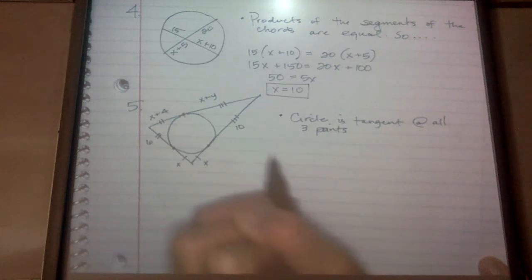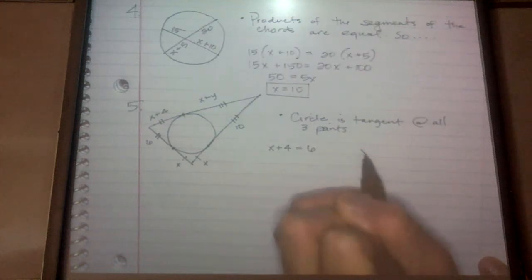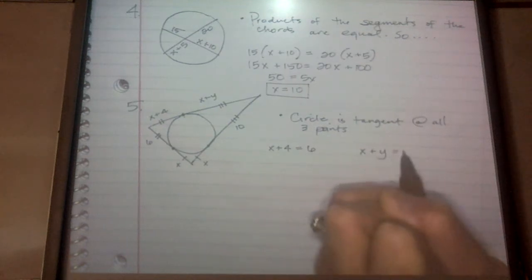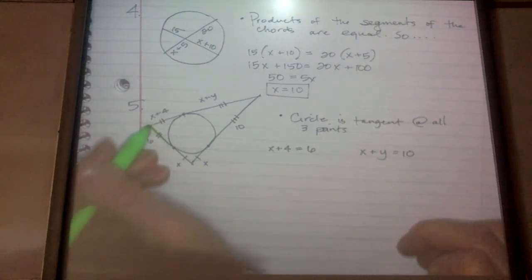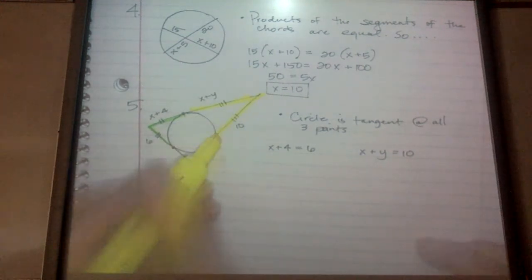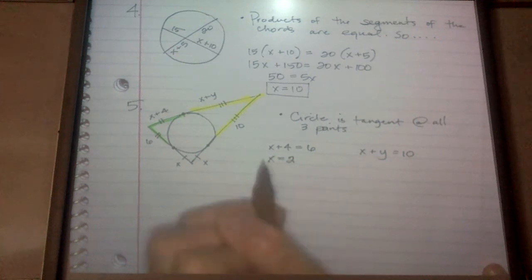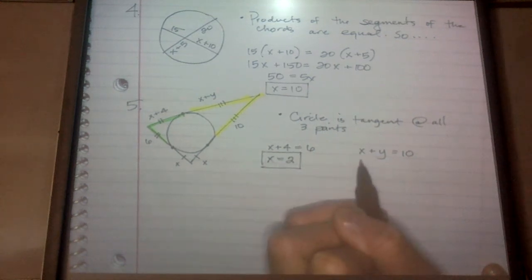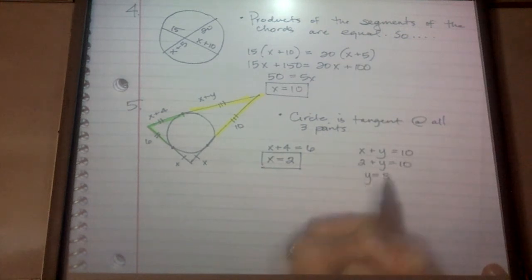I know that x plus 4 is congruent to 6, and I know x plus y is congruent to 10. So those are my 2 statements. I know these must be equal, and I know that these must be equal. So this here would tell me that x equals 2. So that means 2 plus y equals 10, so y equals 8.